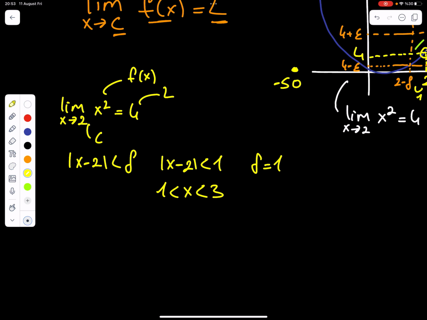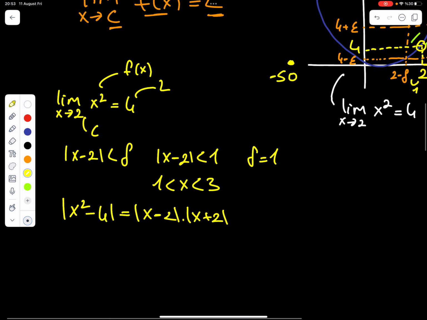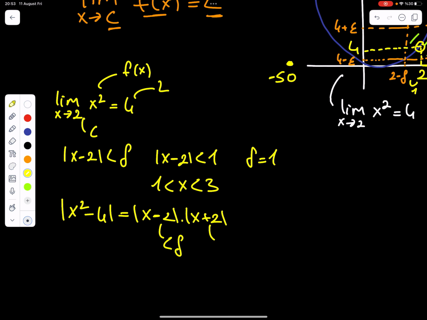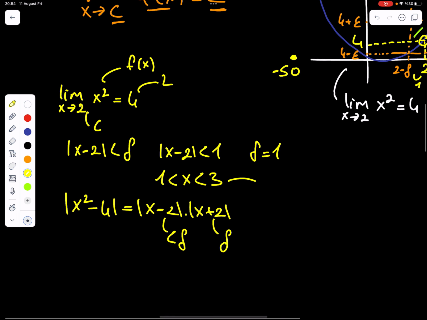smaller than epsilon. Which is x squared minus 4 equals (x minus 2) times (x plus 2). Now what we know is this here is smaller than delta, and this here is, let's find, so if x is between 1 and 3, then x plus 2 is between 3 and 5.